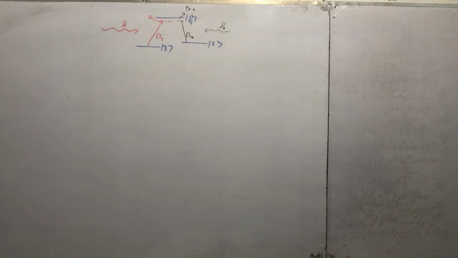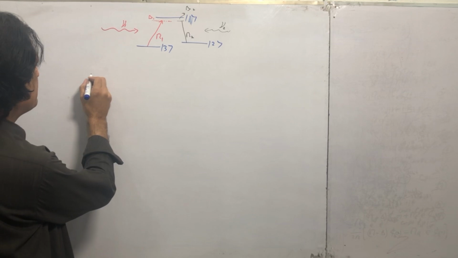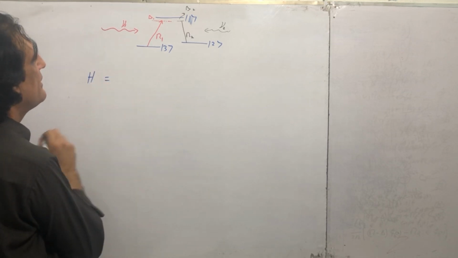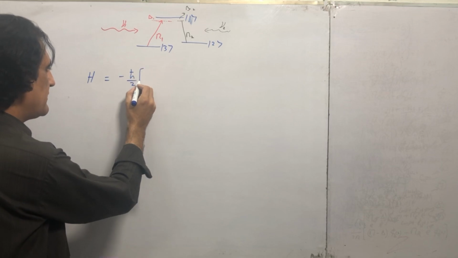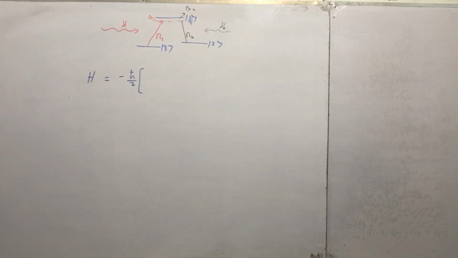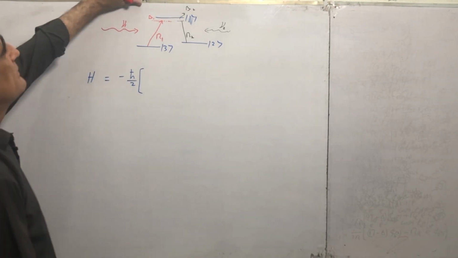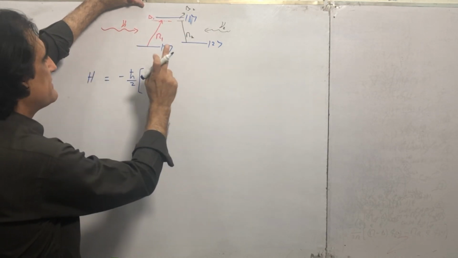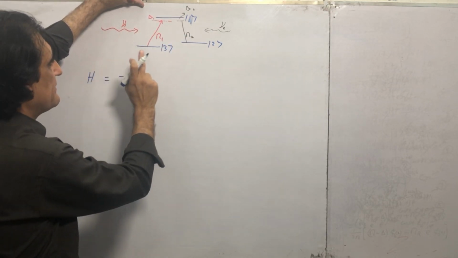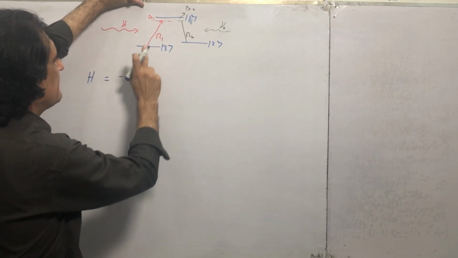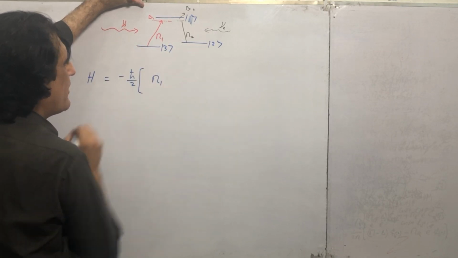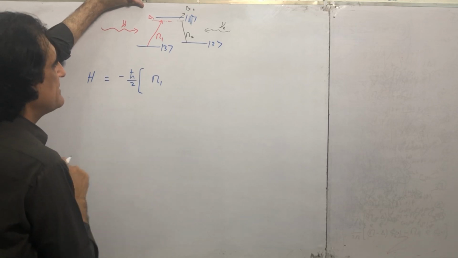So what will be the interaction picture Hamiltonian for this system? And this is very, very easy because we know H is -ħ divided by 2. This is important for every Hamiltonian, for every system. And now look at the levels that the field is interacting with. Levels 1 and 3, the field is interacting, this Ω1 is some Rabi frequency.